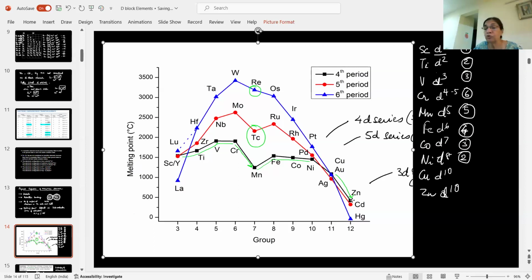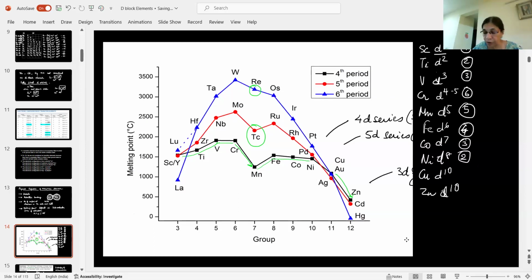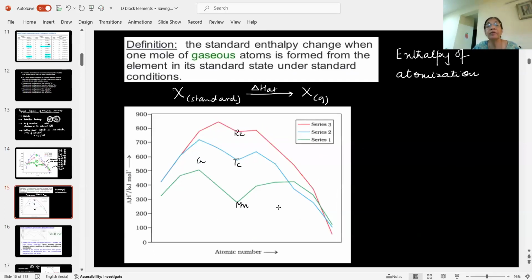The same thing is true for another physical property, which is known as standard enthalpy of atomization. Atomization is the energy which is required to break down the element into isolated gaseous atoms. Okay, so that is also similar to melting point, and you can see the graph is also similar.